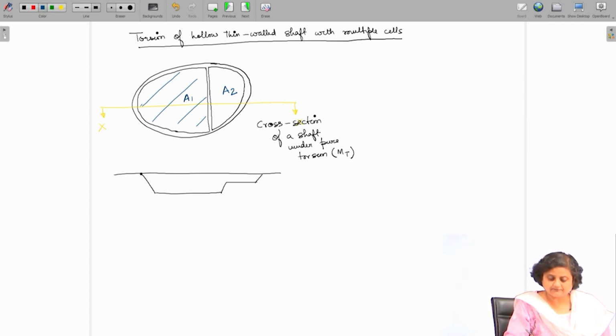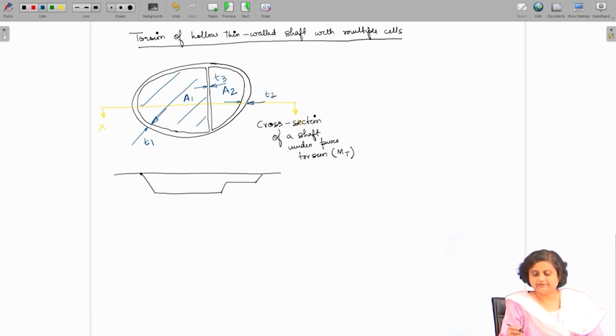The thickness of this portion, let it be uniform and let it be T1, and let the thickness of this portion be equal to T3, and the thickness of this portion, uniform thickness, is T2.